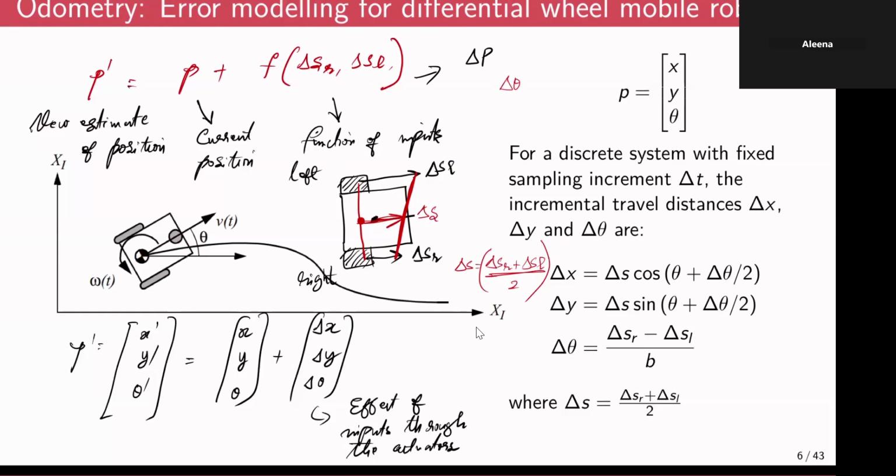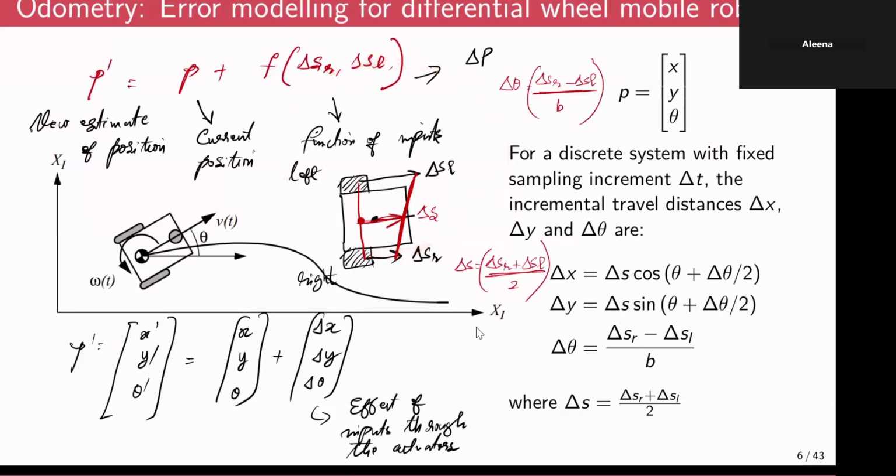By definition, delta theta is given by this formula: delta SR minus delta SL, divided by B, if you consider the wheel to wheel distance to be B. Delta SR is positive because delta SR would make the robot rotate in the counterclockwise direction.